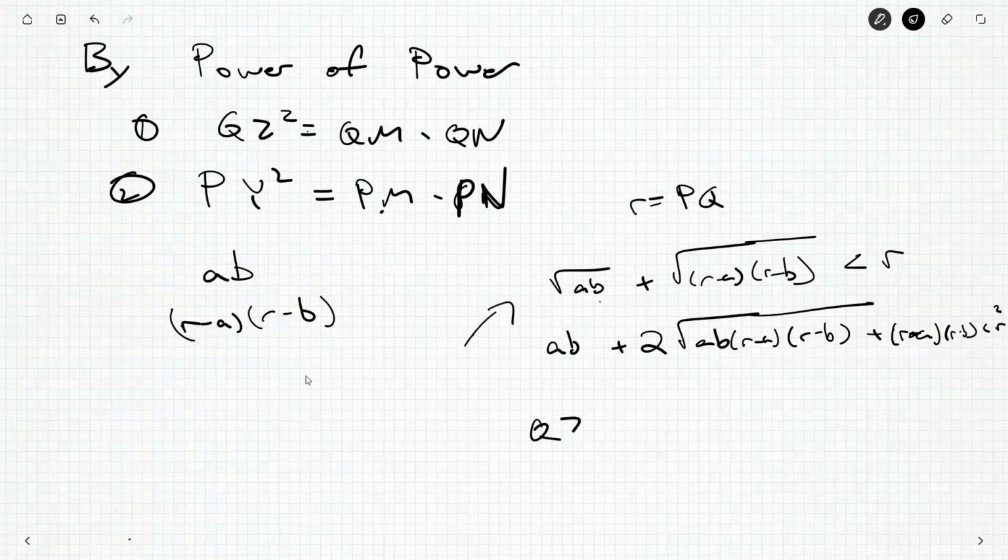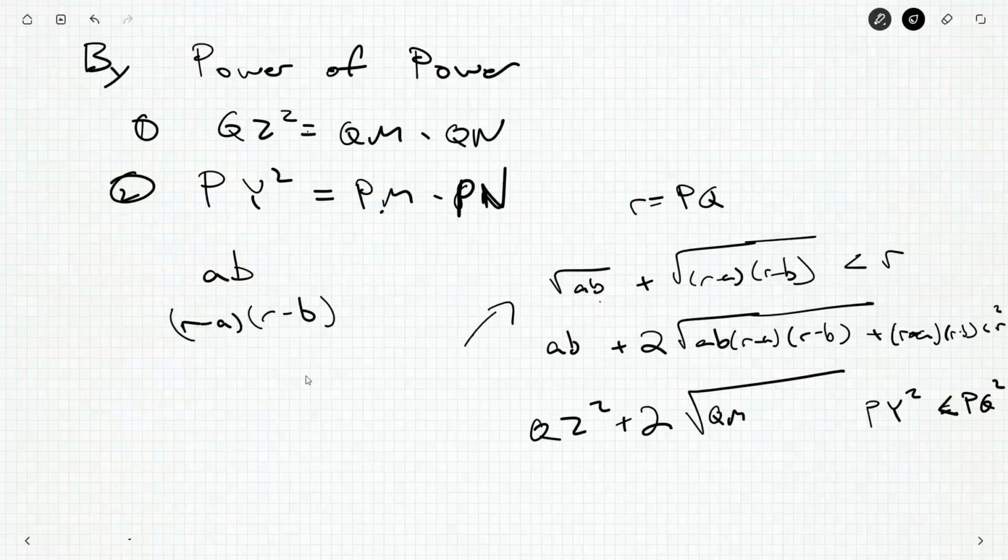So that's QZ squared, that's PY squared, and that's PQ squared. And what is this nonsense in here? 2 square root QM PM QN PN. And that's what I can't seem to get.